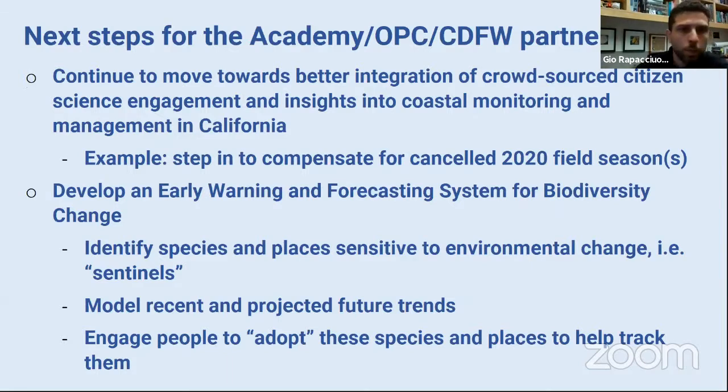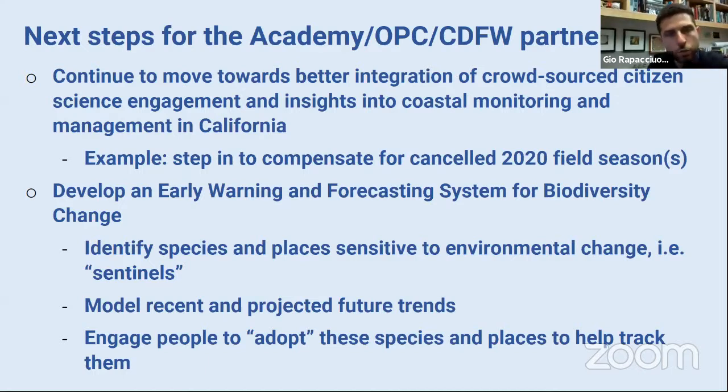So I want to talk a little bit about the next steps for this partnership. And those are really to continue to move towards a better integration of crowdsourced citizen science data, engagement data and insights into coastal monitoring and management in California.